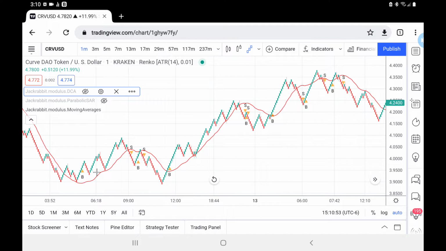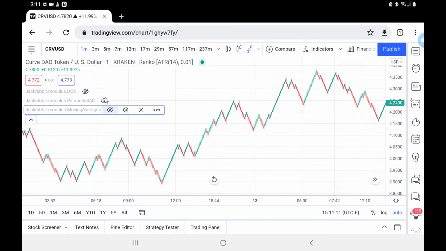And as you can see, the thing about Renko is because it only tracks price, you can see exactly when and where to get in and out of the market nicely. Here is Parabolic SAR. Got in down here, got out up here.